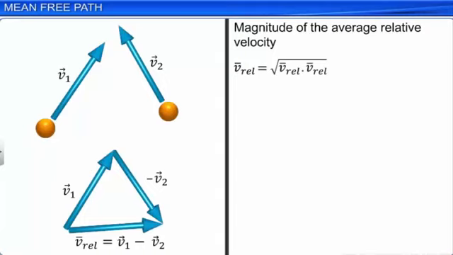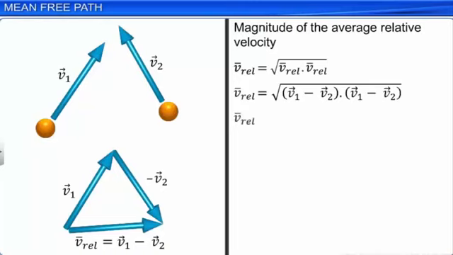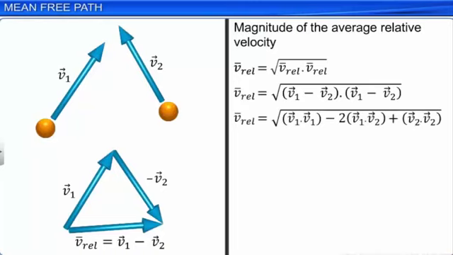Thus, v relative bar is equal to the square root of v1 minus v2 dot v1 minus v2. Simplifying, we get v relative bar is equal to the square root of v1 dot v1 minus 2 into v1 dot v2 plus v2 dot v2.